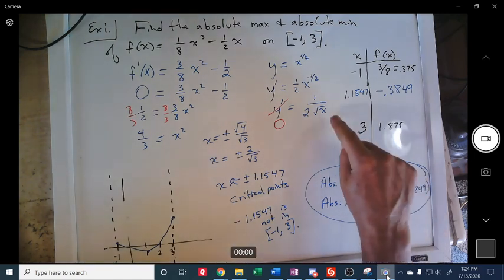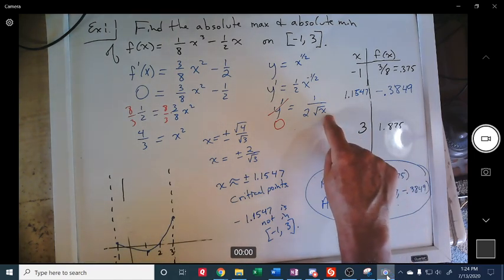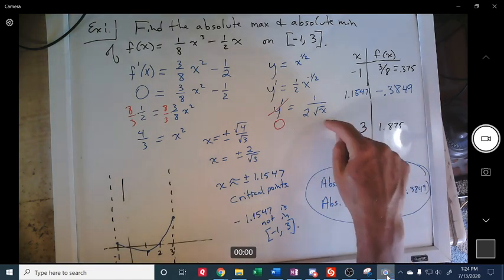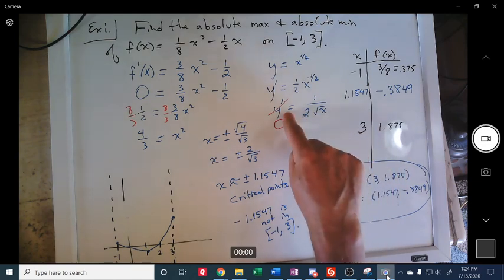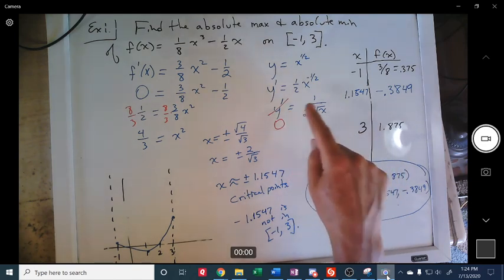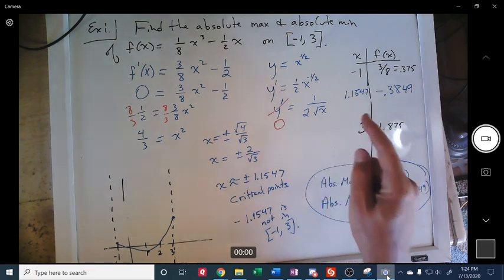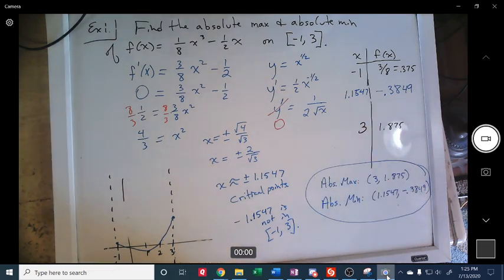But if x itself is 0, it causes the fraction to not exist. So the derivative won't exist when x is equal to 0. And that also is a critical point. Remember, there are 2 types of critical points. One where the derivative is 0, and the other is when the derivative does not exist.